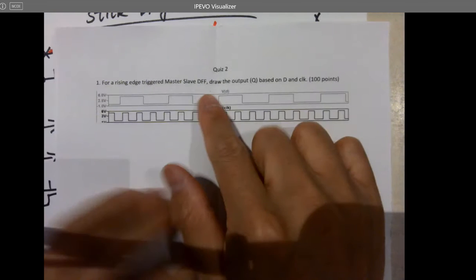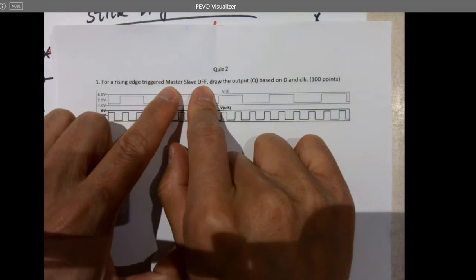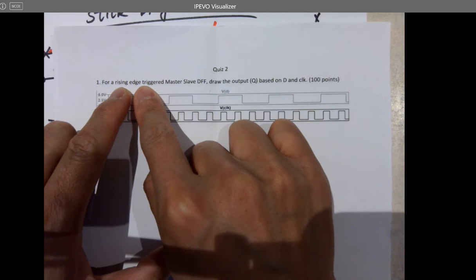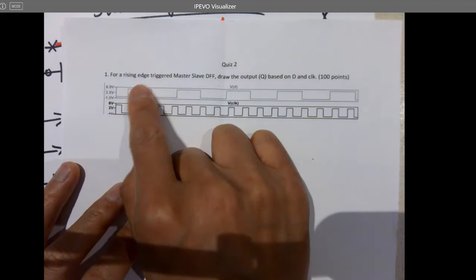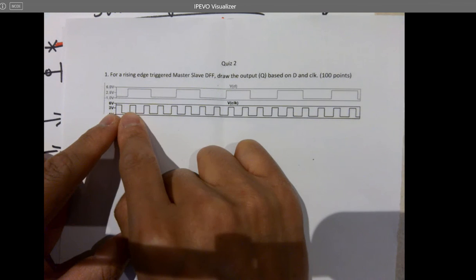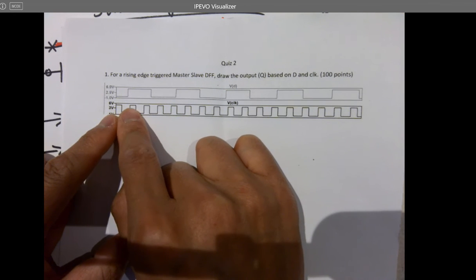So this is a master slave D flip-flop. It's a rising edge trigger. Have two stages. So two D flip-flops, right? Put it together. It's a rising edge trigger. So it samples data at the falling edge and triggers the change to Q at the rising edge.